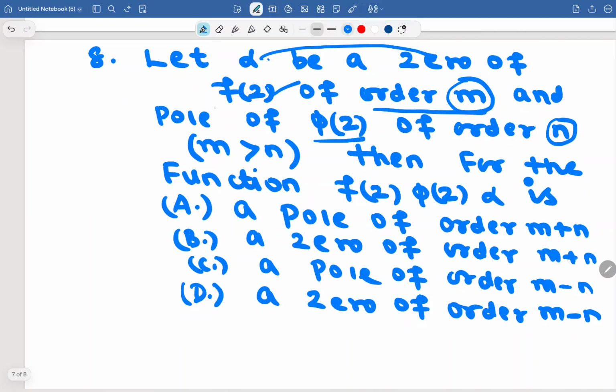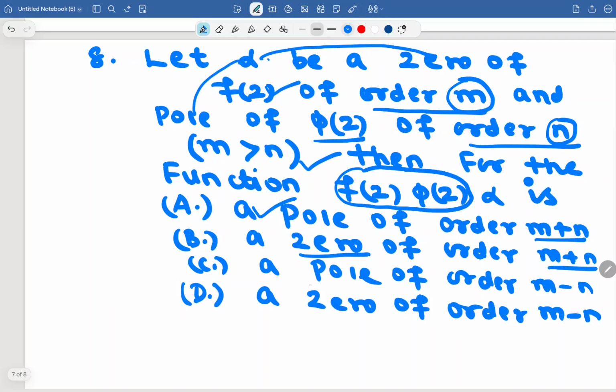For pi of z, alpha is the pole of order n with the condition m greater than n. Then we have to find the product of f of z, pi of z with alpha, whether it is a pole of order m plus n, 0 of order m plus n, pole of order m minus n, 0 of order m minus n.